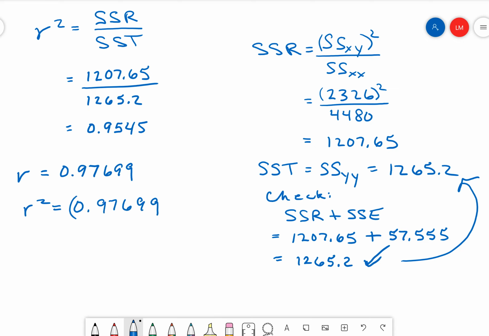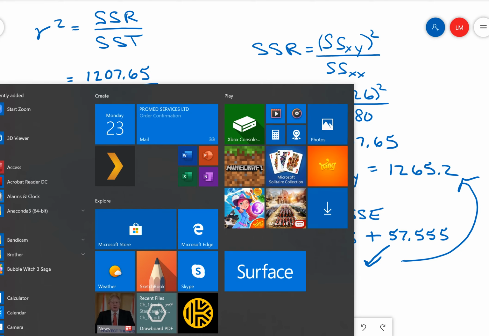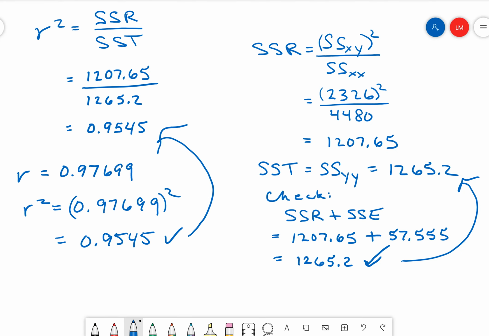We square that value, and we get 0.9545, which is good. That matches. It really depends on what you've been given, and based on what you've been given, you can then figure out the quantities that are being asked.